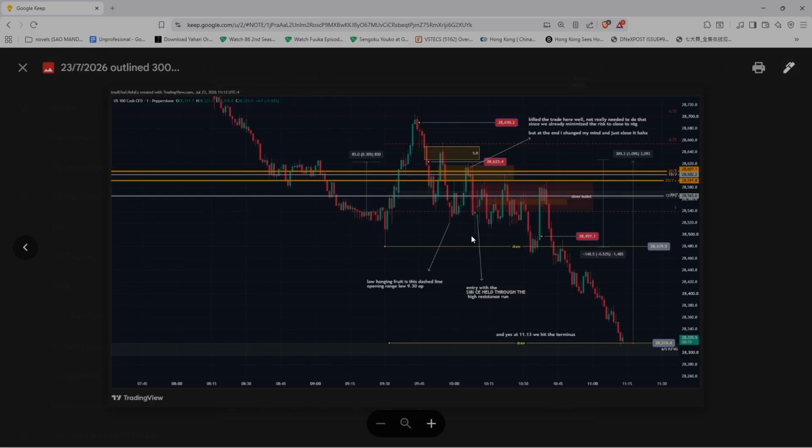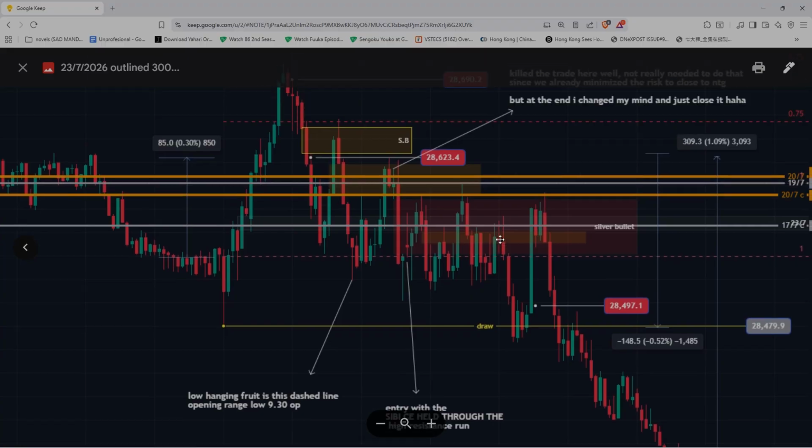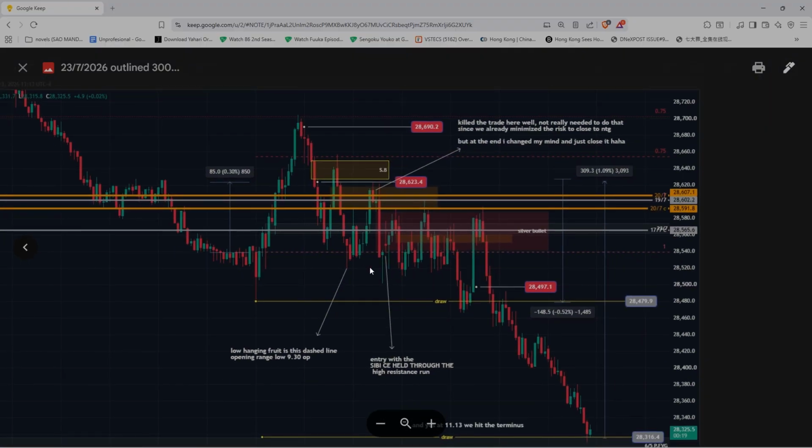The only thing that I want to mention, which is very important, is always take a low hanging fruit objective. Here it did give me an opportunity to do so, taking at the opening range low.